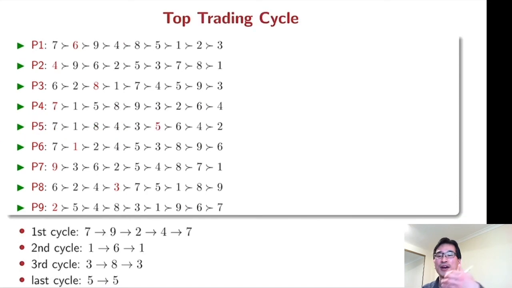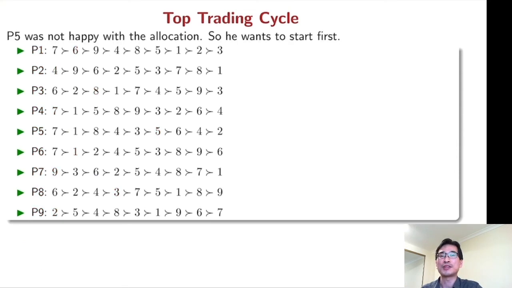So we have found 4 trading cycles, and each cycle makes some of the players better off. And this is efficient. And of course, this is individually rational because they have the option to remain in their initial office.